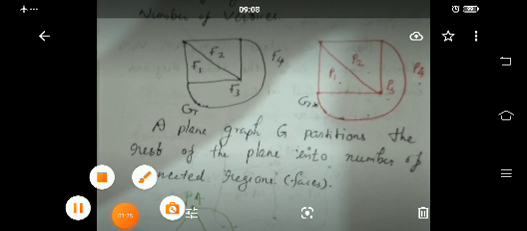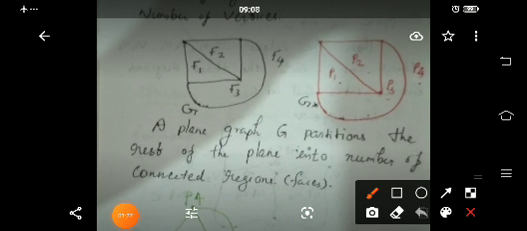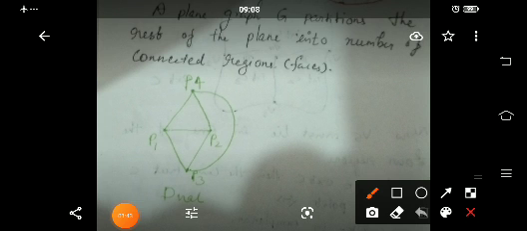First we draw P1 to P2. That means partition 1 to partition 2 we connect with an edge between vertices. Here P1 to P2 connected.